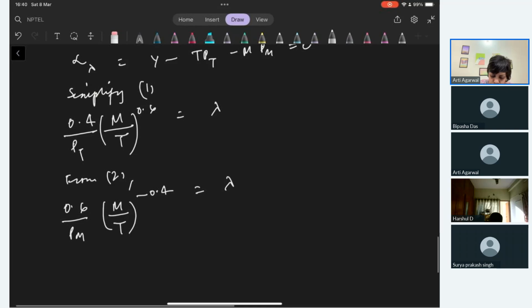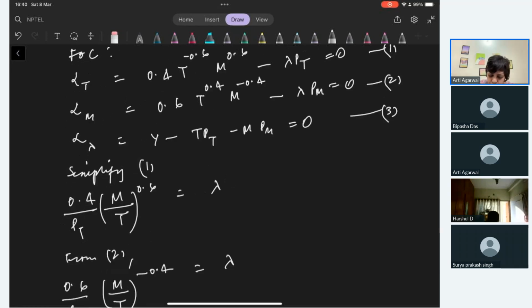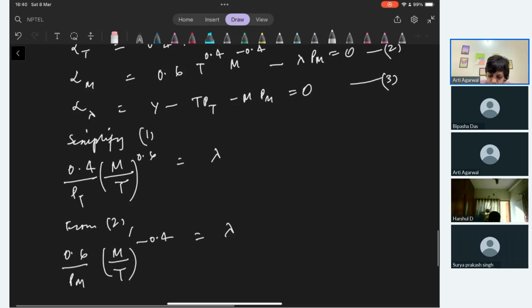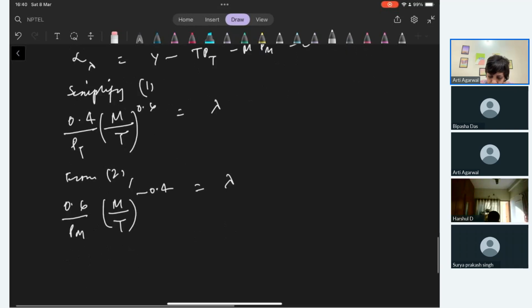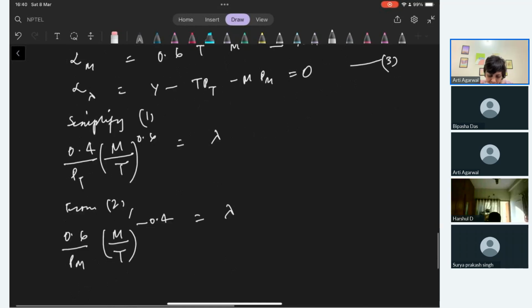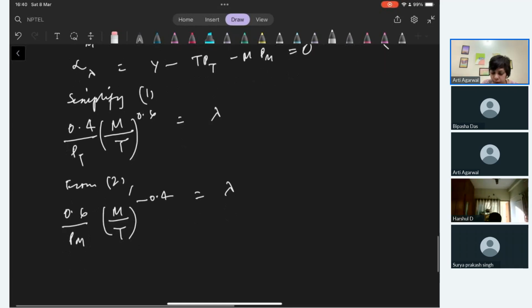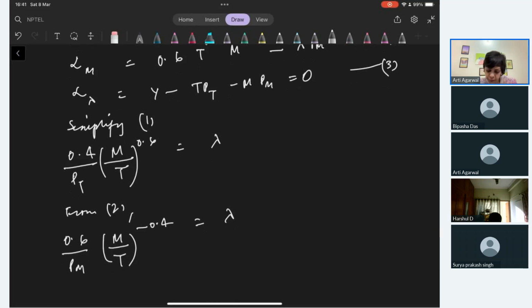So I'm leaving this for now, because I know it can be solved, but it will take a little bit of manipulation of the expressions. It's like y is in terms of t, pt, and m pm, and this is in terms of lambda. I'll have to think a little bit about how to substitute for lambda because it is not multiplicatively or additively separable. So let's do it in the simple way.